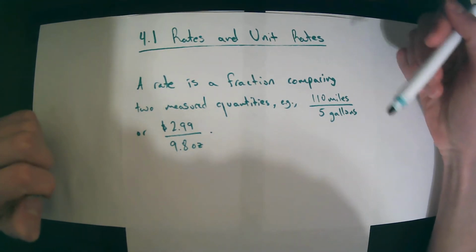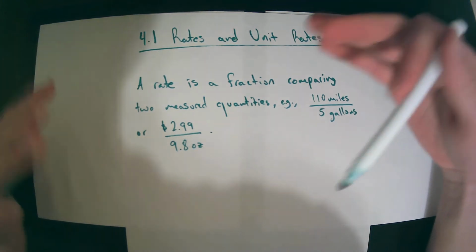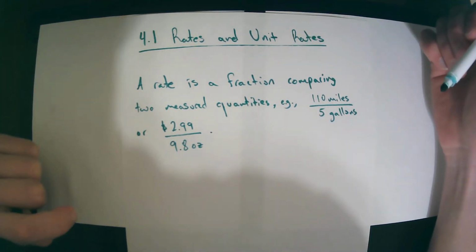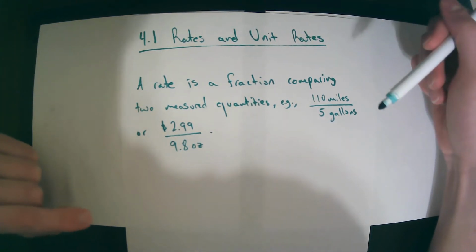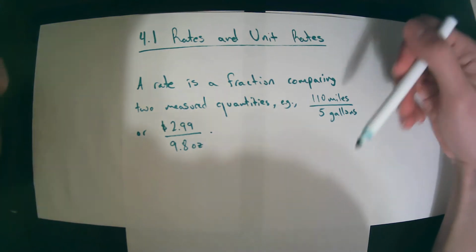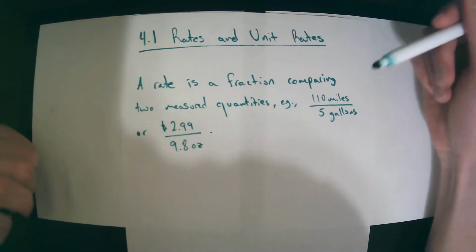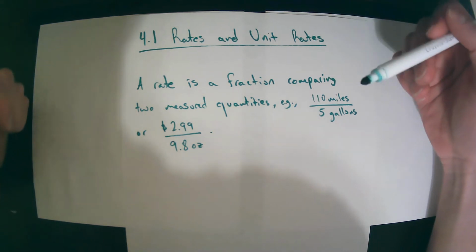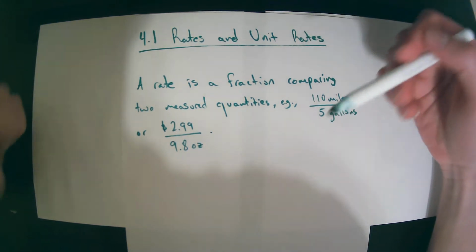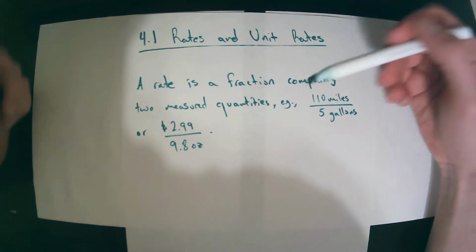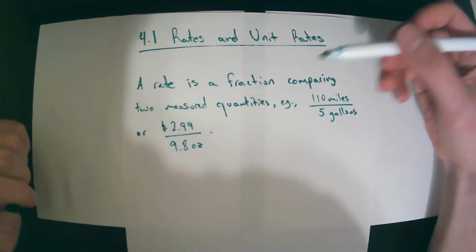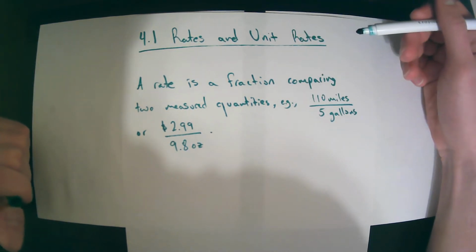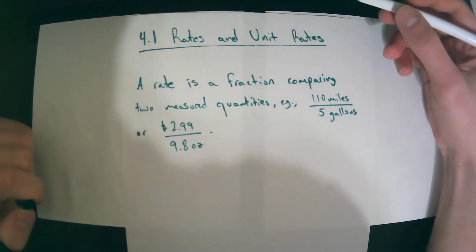Well, a ratio is just a special kind of rate where the measured quantities are in the same category. An example of a ratio would be in a room full of people, there are maybe 10 men per 12 girls, or something like that, or women, whatever.